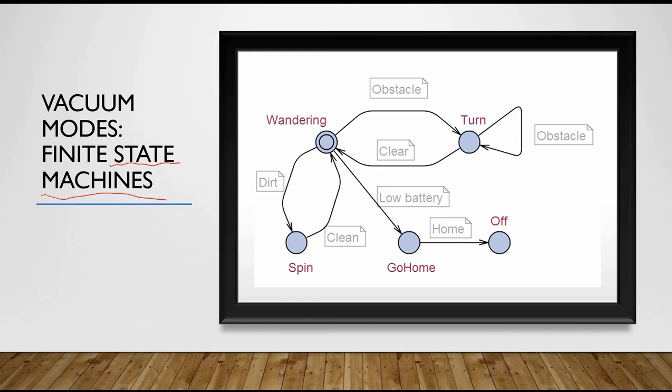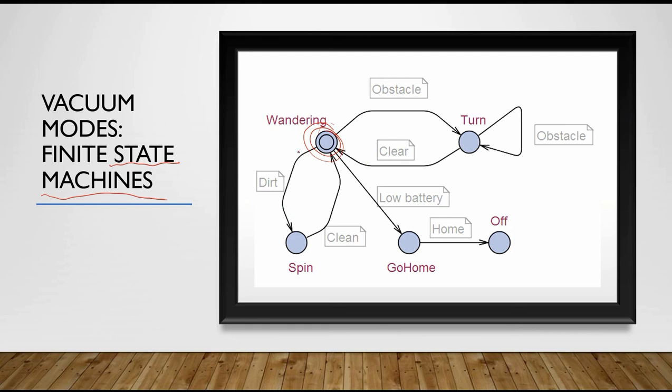So for example, here in this starting node, because it's a double circle, if you come from formal methods you will know this is a model. In the beginning it is just wandering, finding if there is anything, moving around. If it finds an obstacle, it tries to turn, and after turning goes back to cleaning.